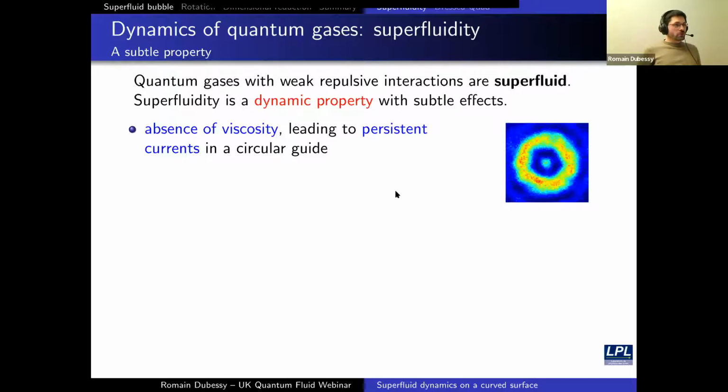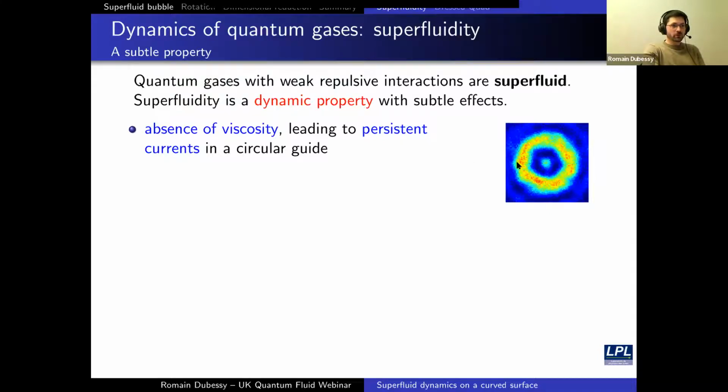So just a few other introductory words about superfluidity. In atomic Bose systems, what has already been done is to study specific properties associated to superfluidity, as for example, the possibility to create a persistent current.